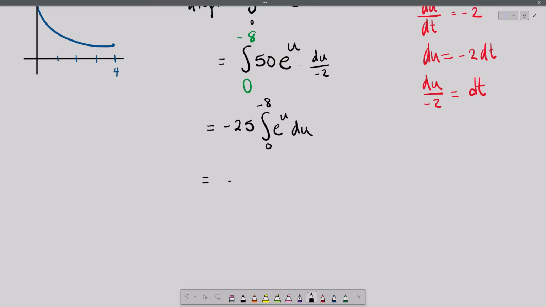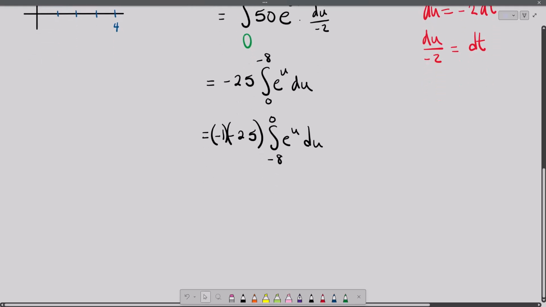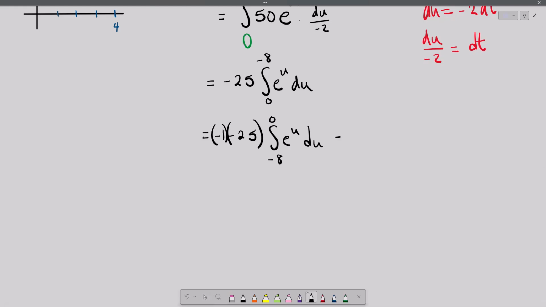What would I have to do to make the interval oriented in the more traditional sense? You multiply by -1. If you swap the limits of integration, the effect is to change the outcome by a factor of -1. So we would put a -1 out in front here. I'll put these in parentheses. So we could do that. In practice, we would just flip it and then change that sign to a positive.